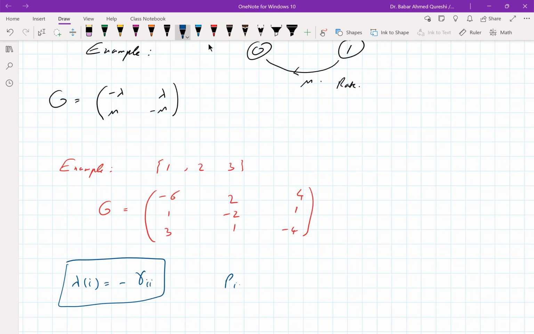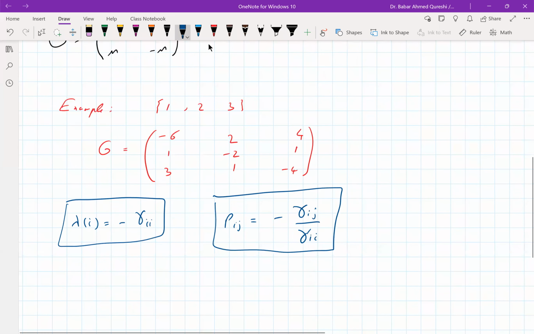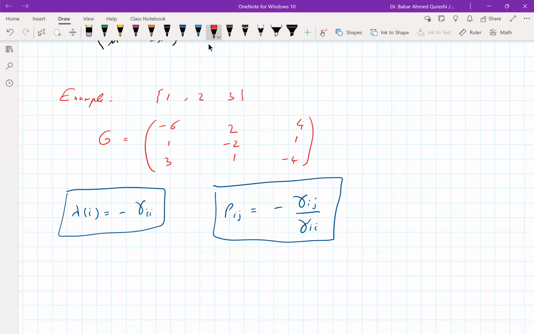And these discrete jump probabilities are just these. So therefore, lambda 1 is 6.